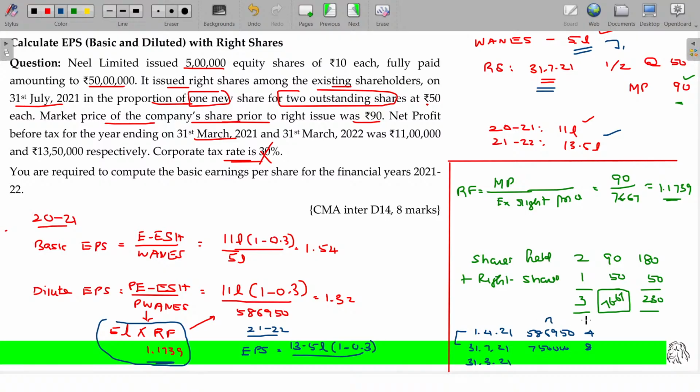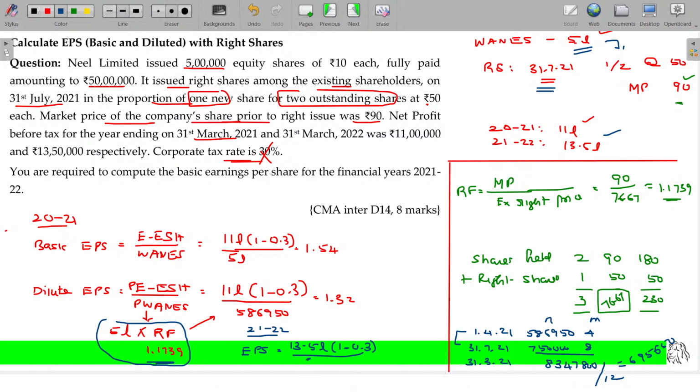Now multiply these two, cumulative. Total value being 83 lakhs 47,800. Divide this by 12. What is the ultimate value you will be getting? 6,95,650.